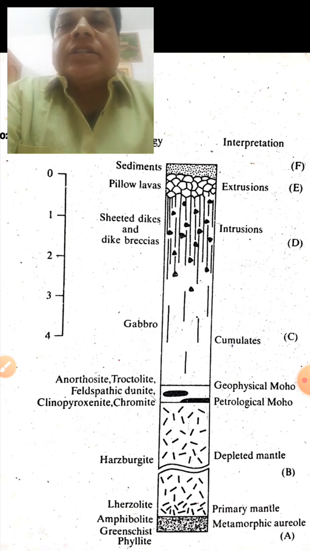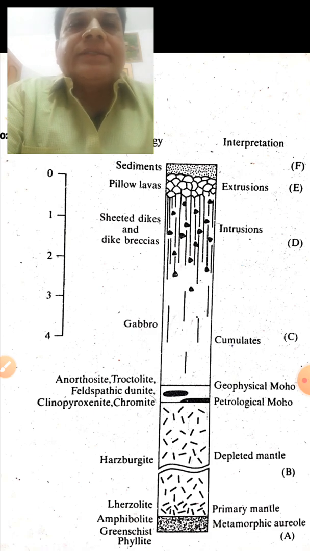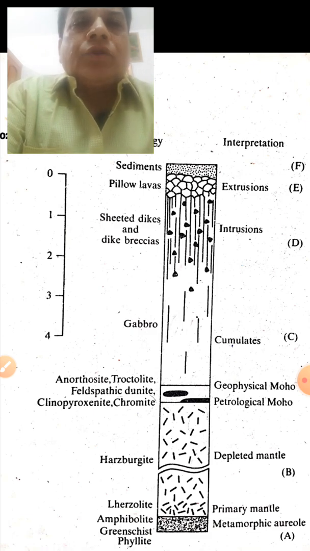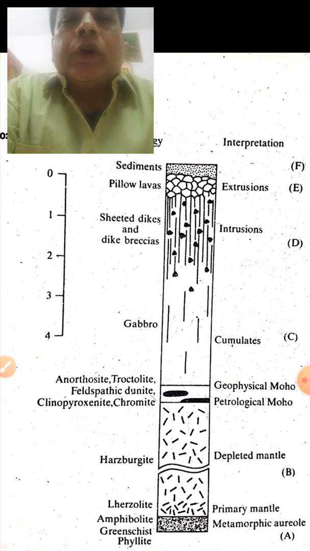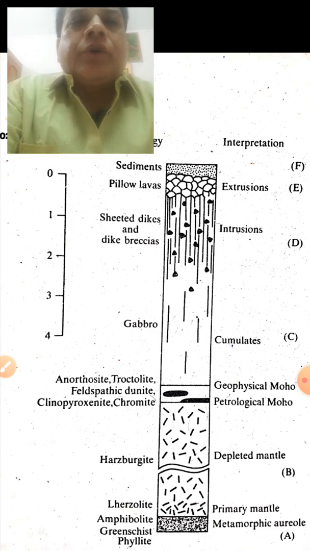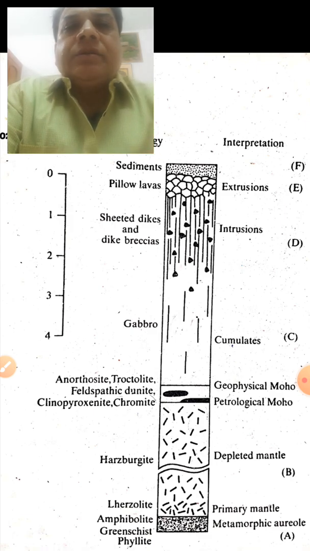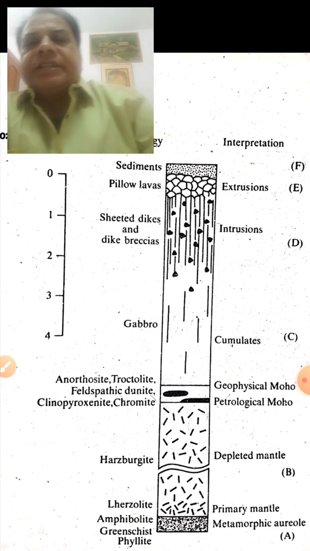Overlying the cumulative transition zone are fairly massive gabbros containing plagioclase with anorthite content more than 70%, clinopyroxenes and olivine. The Mg over Mg plus Fe ratio decreases upward. This is interesting. The Mg over Mg plus Fe ratio decreases upward within the gabbro, indicating some fractionation.